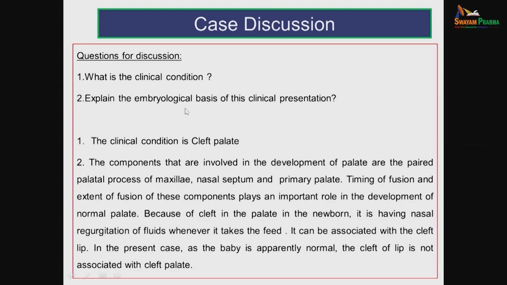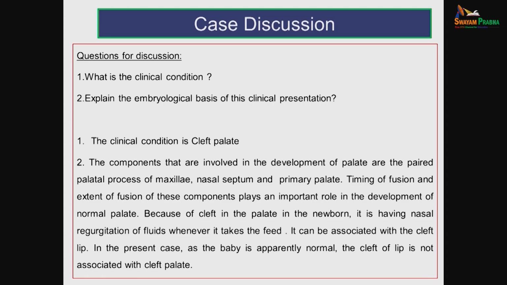What is the embryological basis of this clinical presentation? We have already discussed in detail that there are three components involved in the development of the palate: the paired palatal process of maxilla, which we called the secondary palate, the nasal septum growing from above and fusing with the palate, and also the primary palate, which is nothing but the fused medial nasal process.